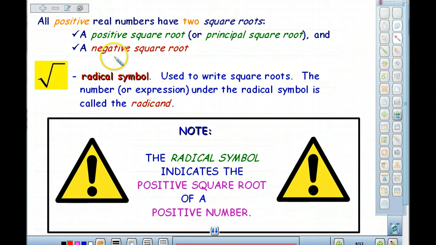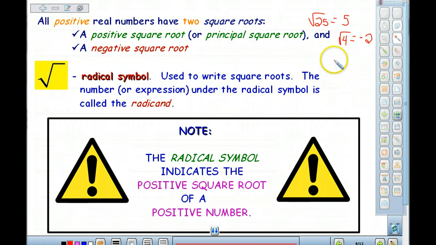All right, in your notes on page 39, what's the positive square root of 25? If I take the positive square root of 25, that's going to be 5, right? And if I take the negative square root of 4, I'm going to get 2, but it's going to be the negative 2 that we're talking about.